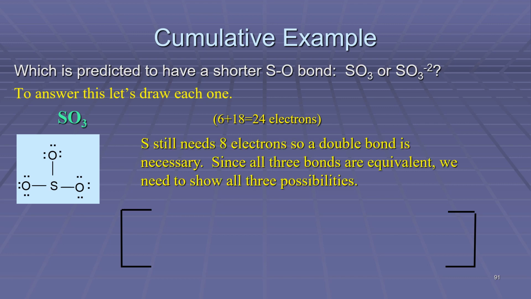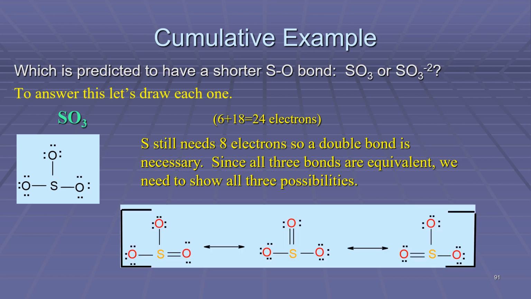So a double bond is necessary. Which one do you pick to do a double bond? Since they're all identical, you draw the structure 3 times, once with the double bond going to each oxygen in turn. So it looks like this.